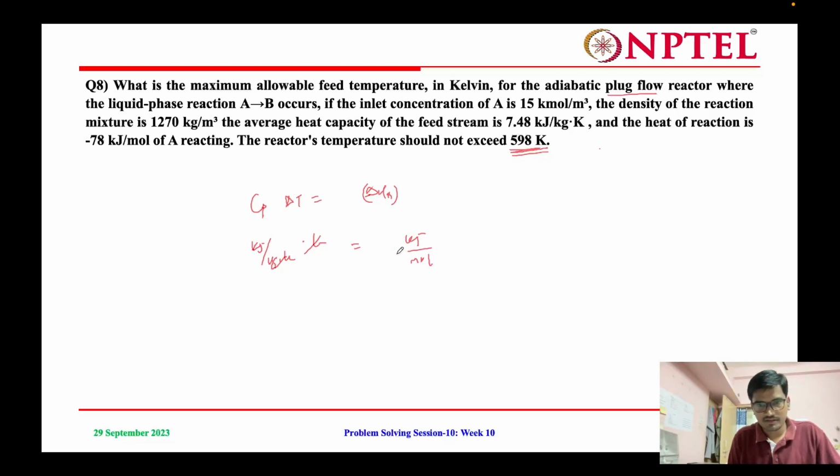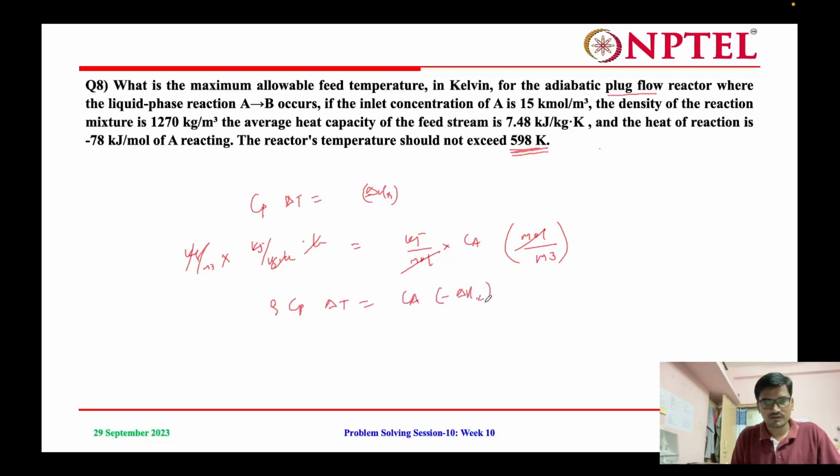To balance the units, Ca in mole per meter cube, the mole cancels. Now multiply by density in kg per meter cube, the kg cancels. So rho Cp delta T equals Ca into delta H_RA. All the values are given, put them in the equation.